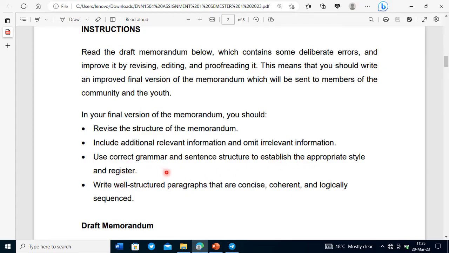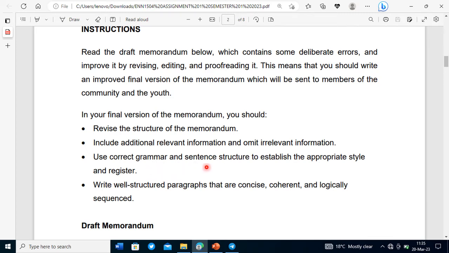Use correct grammar and sentence structure to establish the appropriate style and register. So guys, as I have stated, grammar, spelling, and some punctuation are the things that they check. So please make sure that you use correct grammar. If you're using a Word app, guys, it's going to be easy for you with grammar.